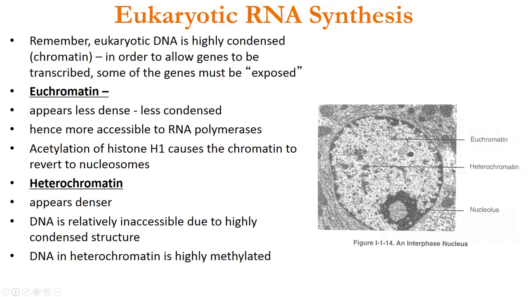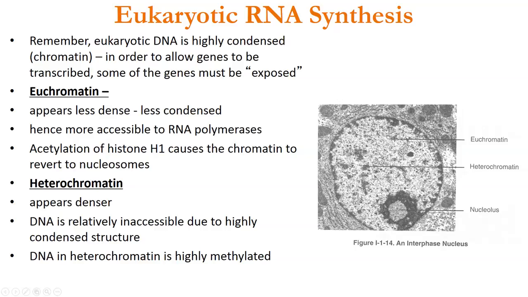So now we're going to look at eukaryotic RNA synthesis and compare and contrast with the prokaryotic version. First we're going to look at some DNA structures. Remember that eukaryotic DNA is highly condensed, or can be highly condensed at least. And in order to allow genes to be transcribed, some of these must be exposed.